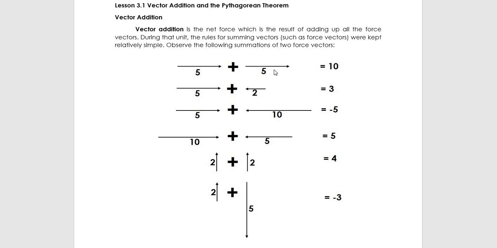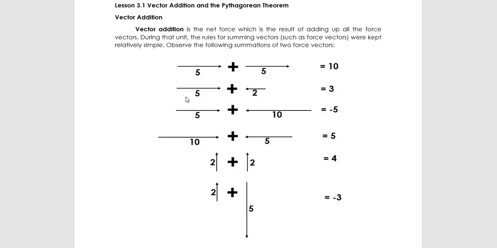And then another vector is going to the right din, and ang measured din niya ay 5. Okay? So, pag pinag-add natin yan, since parehas silang going to the right, that is both positive. Kung titignan natin sa Cartesian plane, that is both positive. So, pag pinag-add natin yan, that is a 10. 5 plus 5 is equals to 10, or positive 5 plus positive 5, that is equivalent to positive 10.